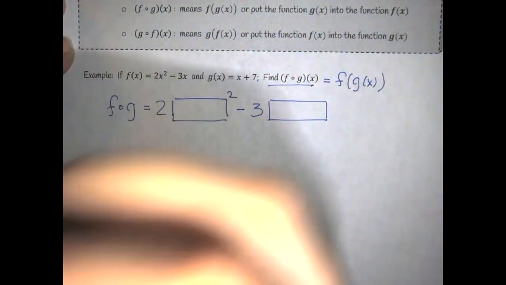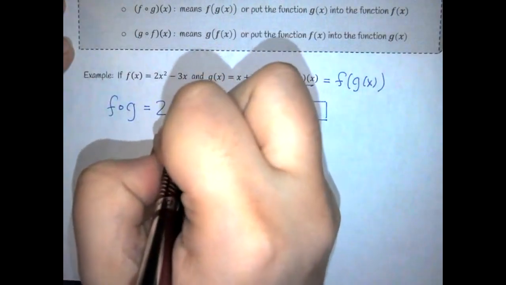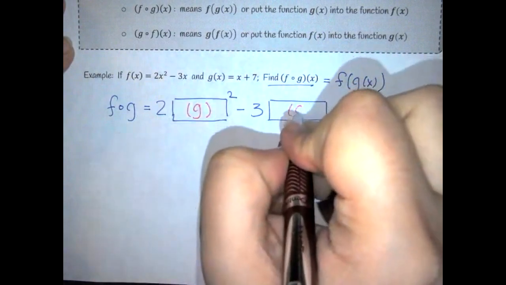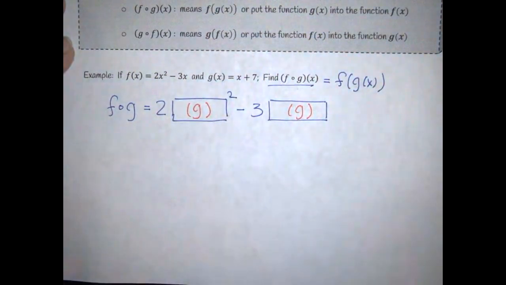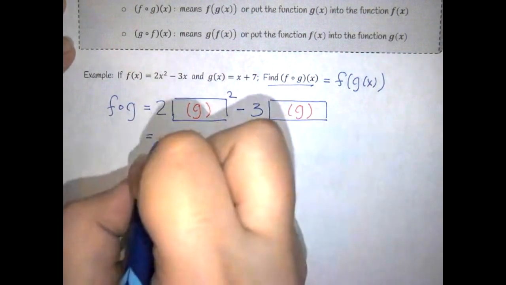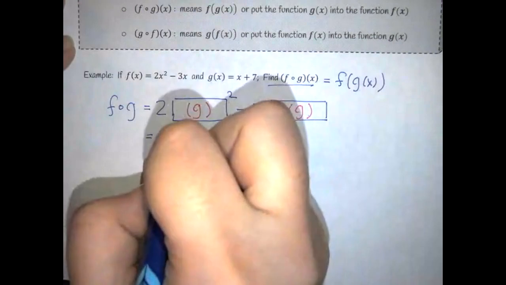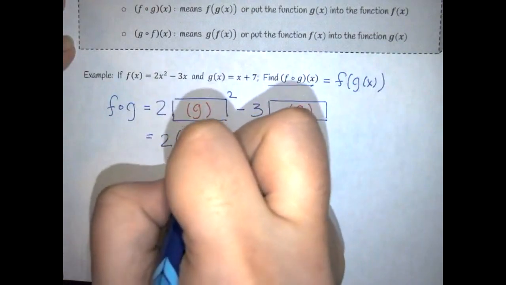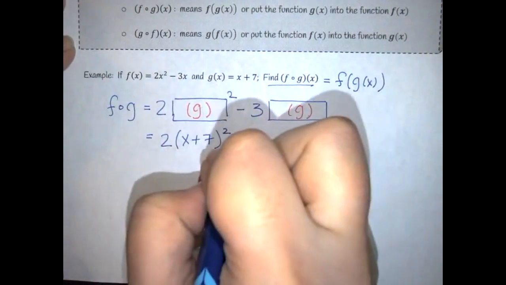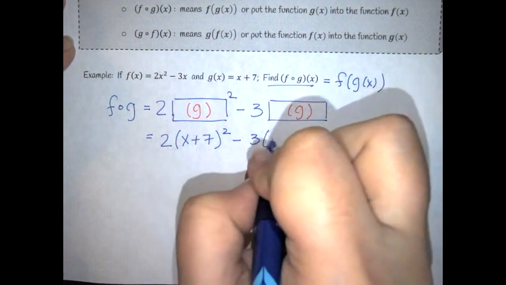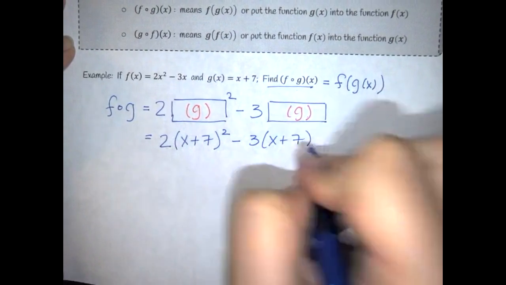And the something that's going to go in there is going to be your g. My g was x plus 7, so 2 times (x plus 7) squared minus 3 times (x plus 7).